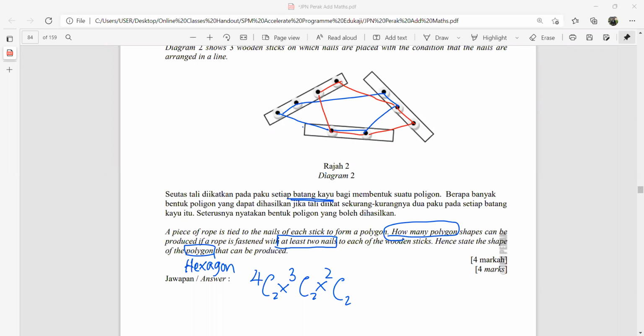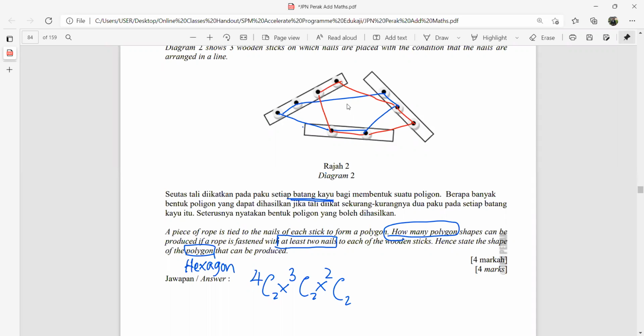I want to ask you, to form this, what do you think about this question? Any more methods you can see? Because the thing is, it says at least 2 nails. At least 2 nails.